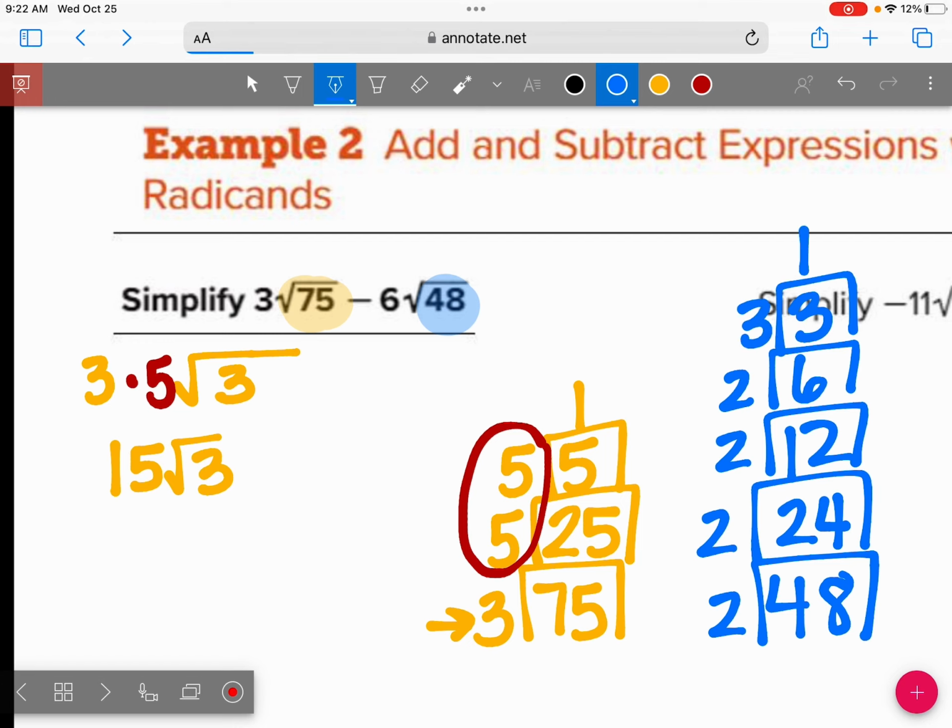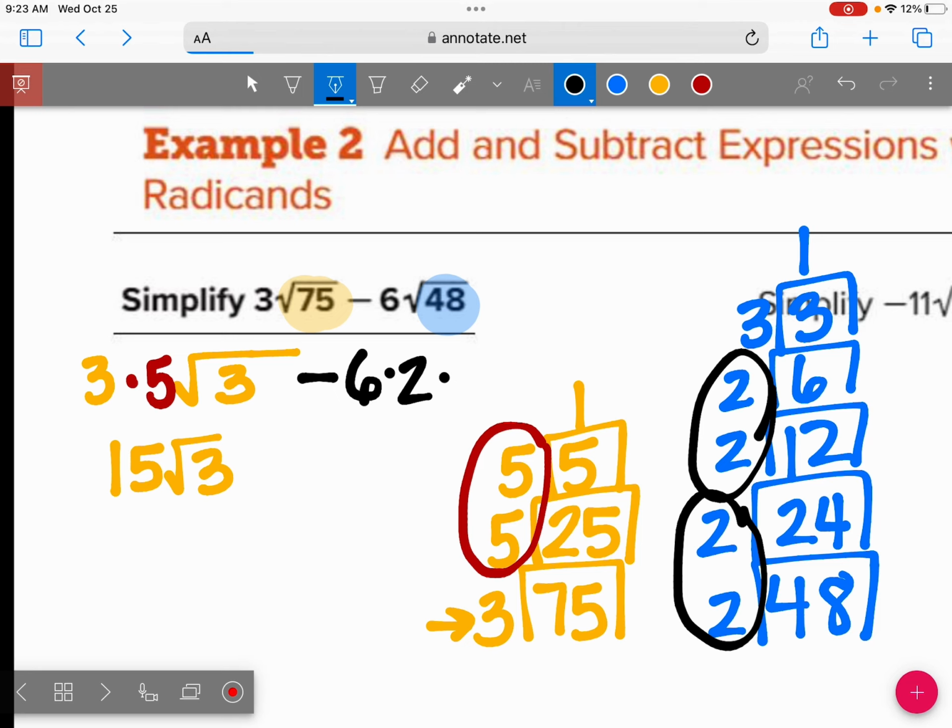All right, so we got a 5-layer cake here. So for this one, we have our minus, and then I already have a 6 on the outside. But I'm going to add to that 2 more pairs of 2s. So I'm going to add to that 2 times 2. And I have a 3 that's underneath.